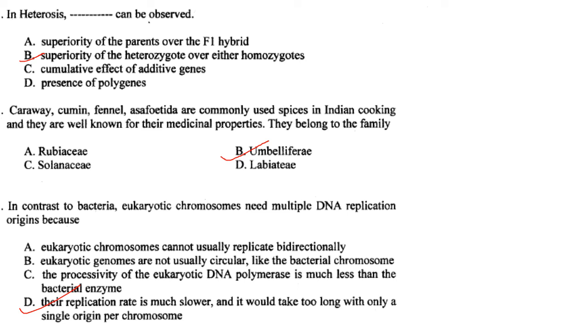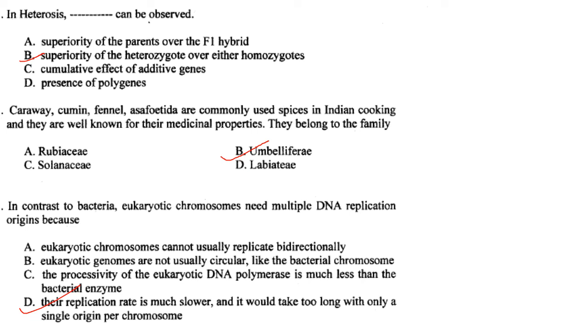In contrast to bacteria, eukaryotic chromosomes need multiple DNA replication origins because their replication rate is much slower and it would take too long with only a single origin per chromosome. So eukaryotic chromosomal DNA has multiple origins of replication, so replication starts from different origins, whereas bacteria have only a single replication origin.